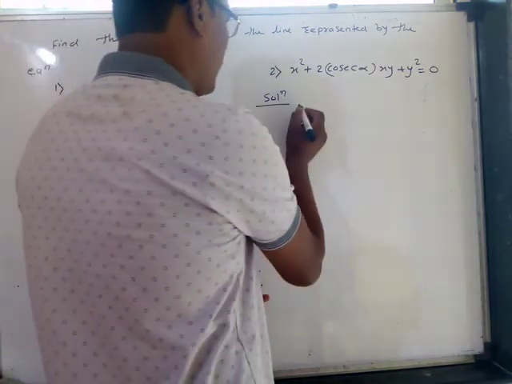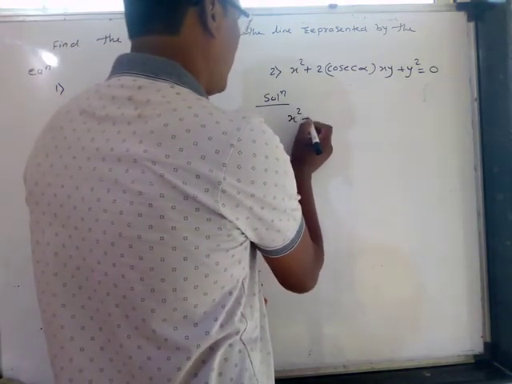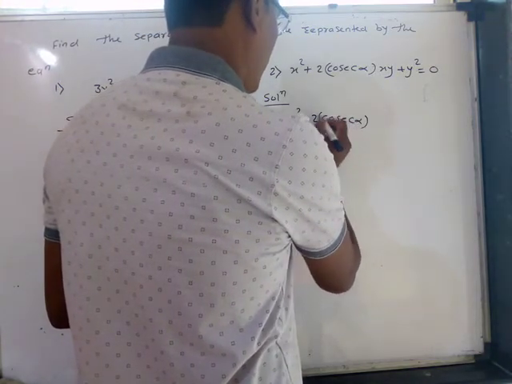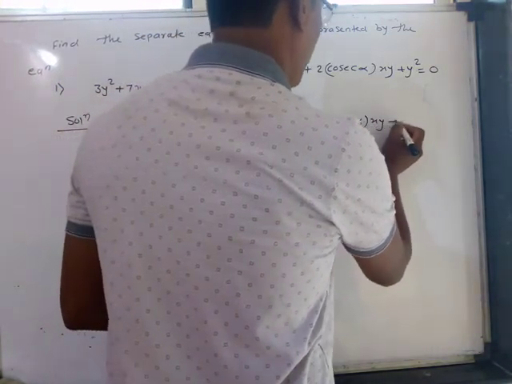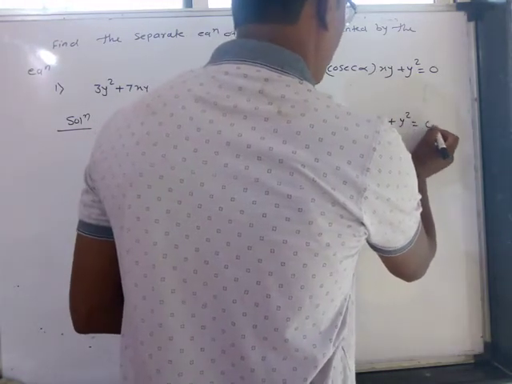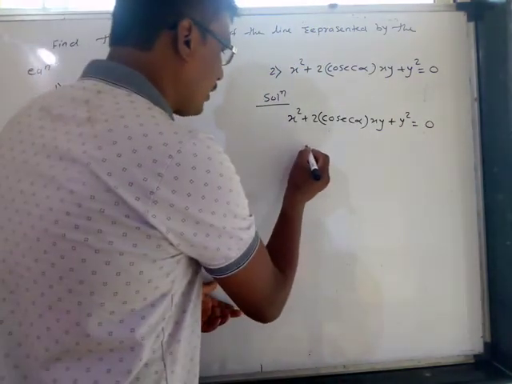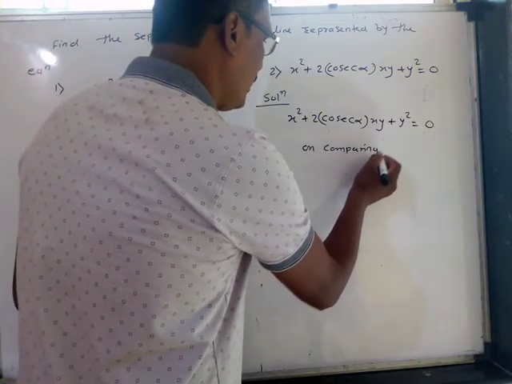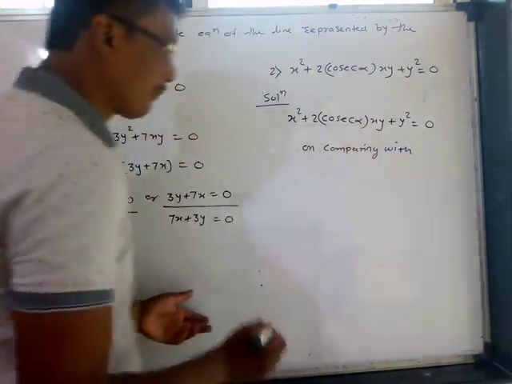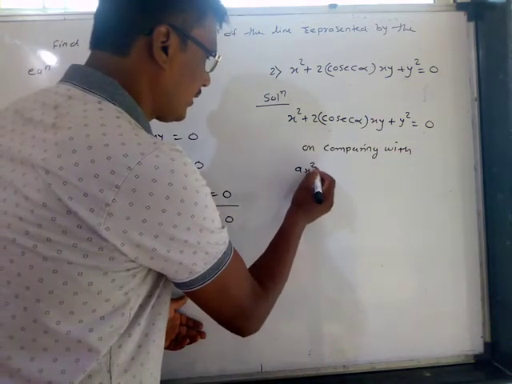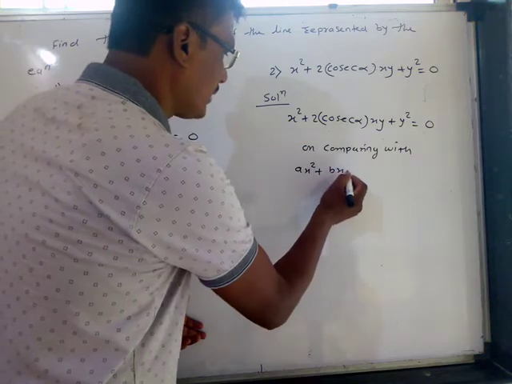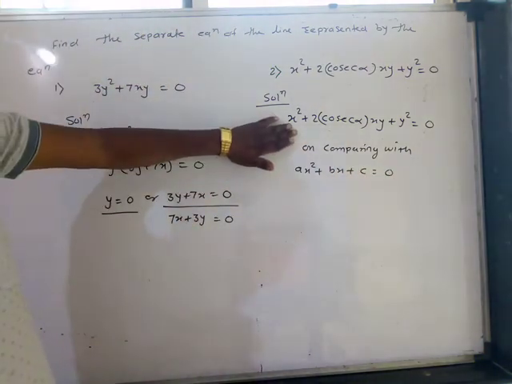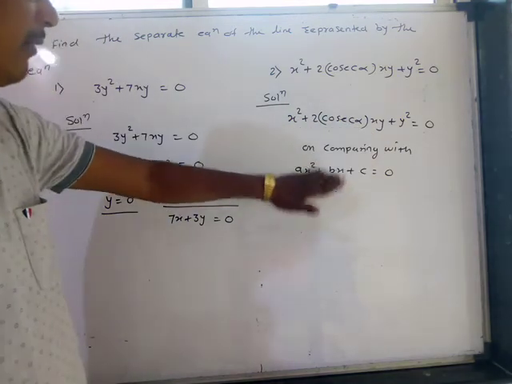This can be written as x square plus 2 cosec alpha into xy plus y square is equal to 0. On comparing with ax square plus bx plus c is equal to 0, let us consider this as a quadratic equation in x, and then y is constant.